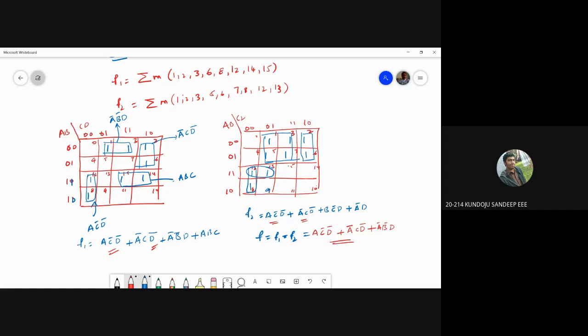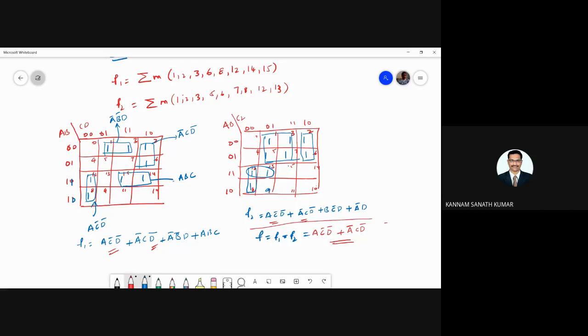The last term A bar B bar D is not common. A bar B bar D is not there, no? So that means my function is only this one.